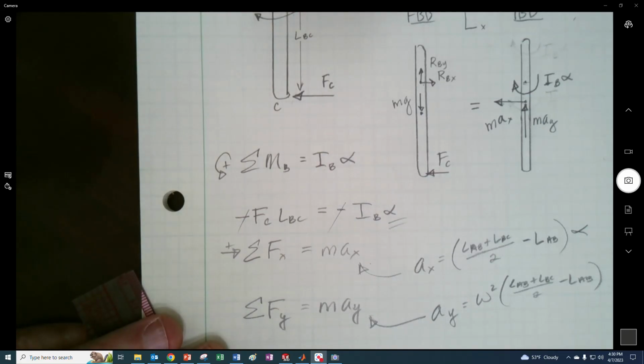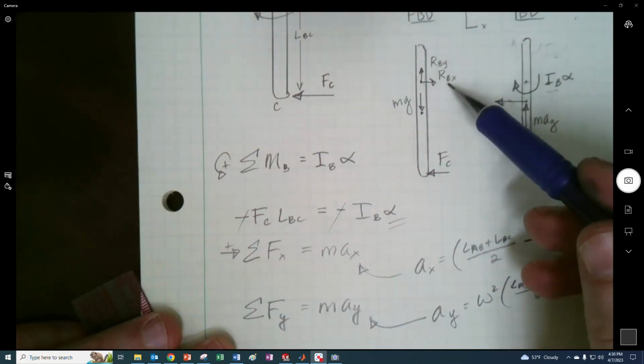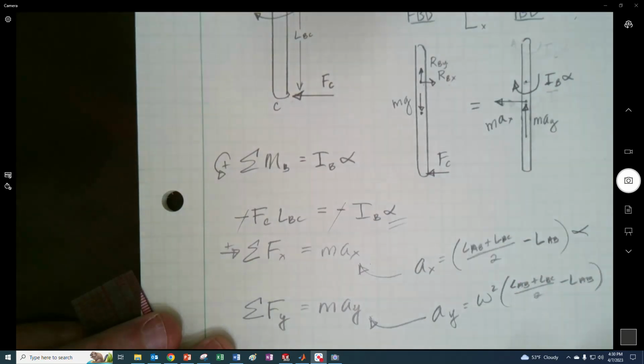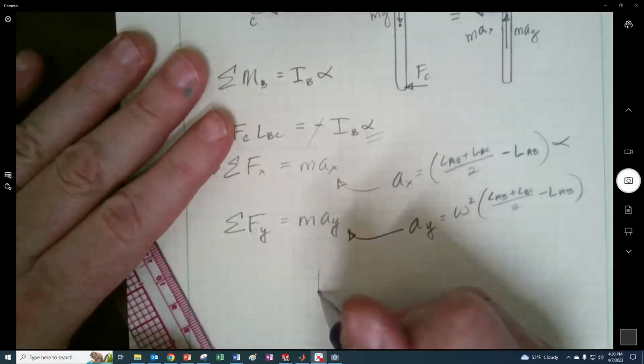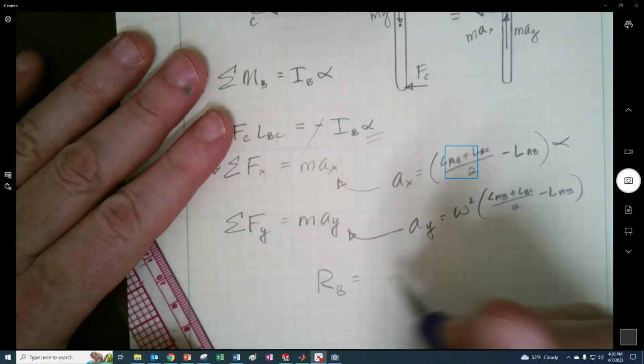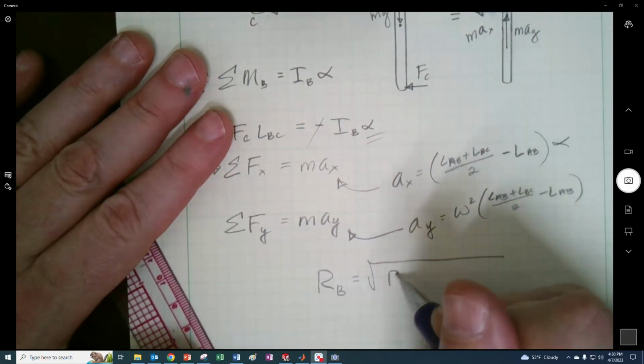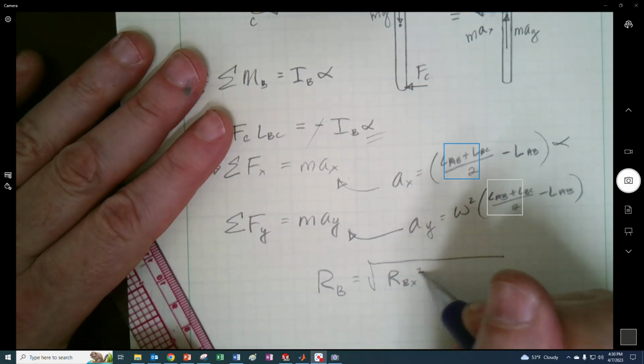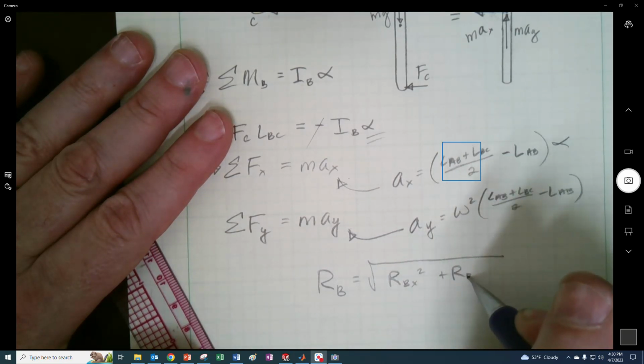Right? So you'll be able to get their reactions, RBX and RBY, and then just find what the magnitude of them on that RB. It's going to be the square root of RBX squared plus RBY squared.